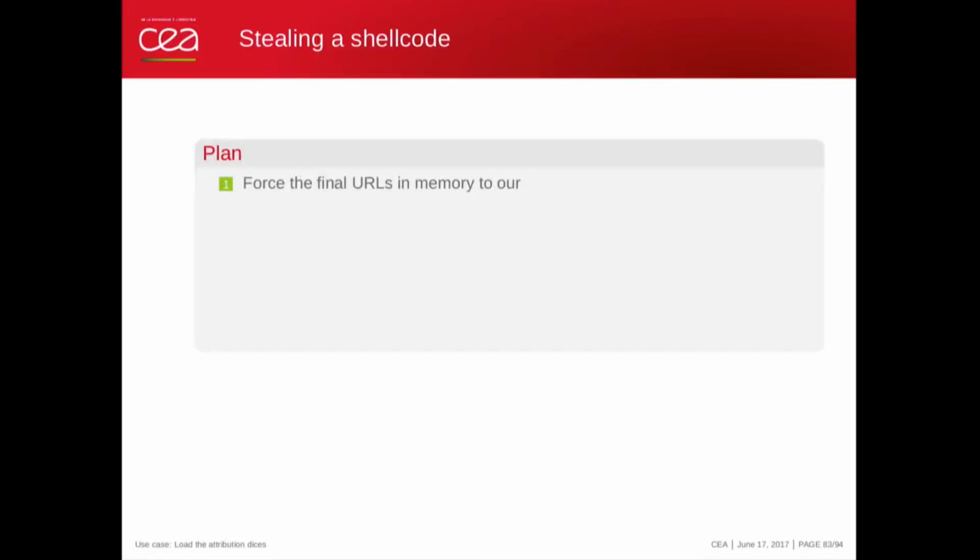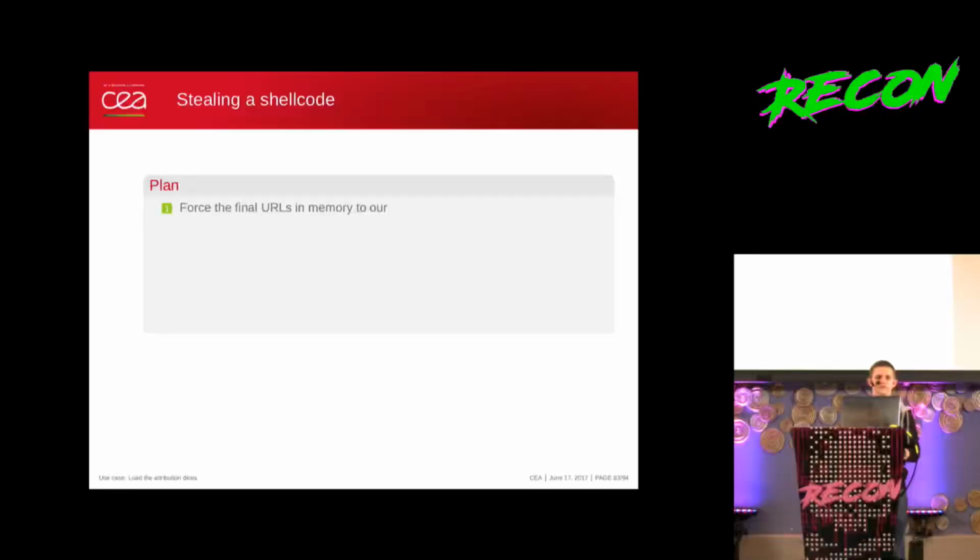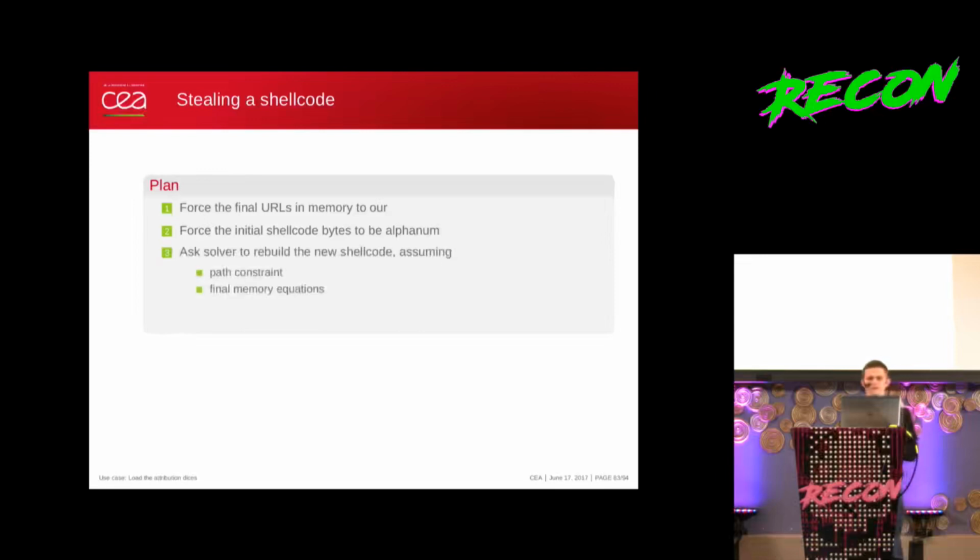So the whole plan is to force the final memory to contain our URL, then to force the initial shellcode to be alphanumeric, okay? And we'll ask a solver, here it is Z3, to rebuild the new shellcode, assuming the different path constraints which are enforced by the packer, and the final memory equation that we get. And this way we can steal the shellcode.